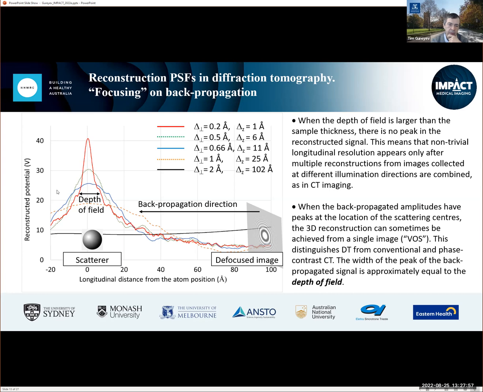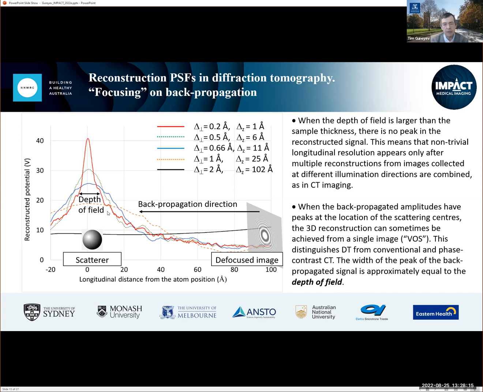The thing is that the width of that peak is proportional to the depth of field. So that's effectively what one can call the longitudinal resolution of the method. If that resolution is high, the peak is narrow, one can do, again, this virtual optical sectioning.